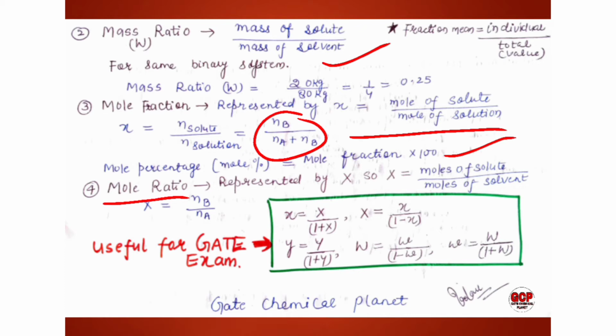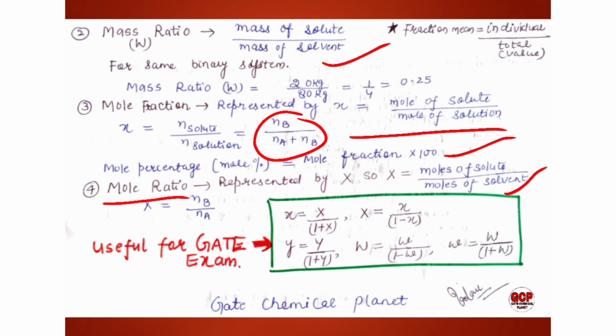So first of all, mole ratio is represented by capital X. So capital X equals moles of solute divided by the moles of solvent. So student, what is the difference between the mole fraction and mole ratio?